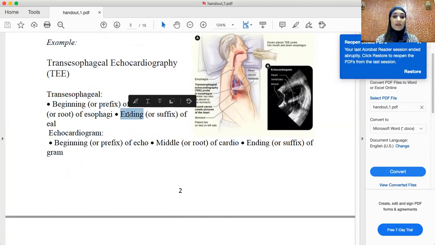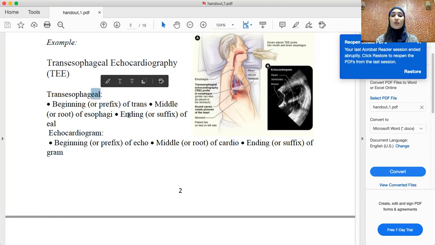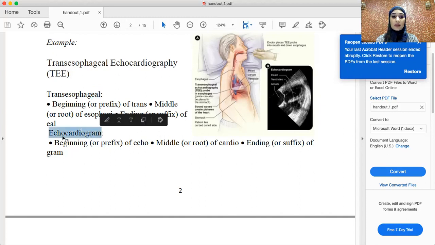And we have eal, which means related to or pertaining to. Echocardiogram, we have echo, referring to sound, cardio, which is the root in the middle of the word.